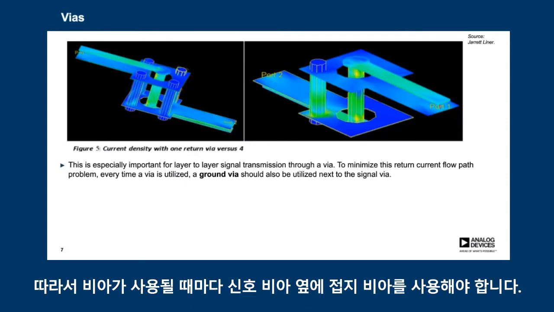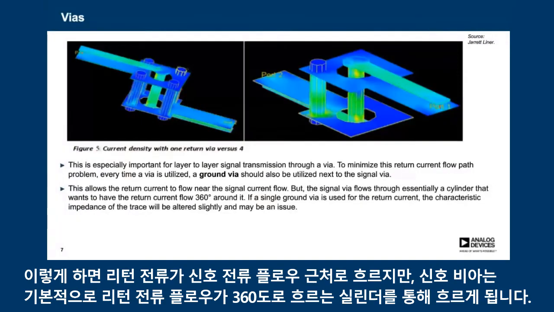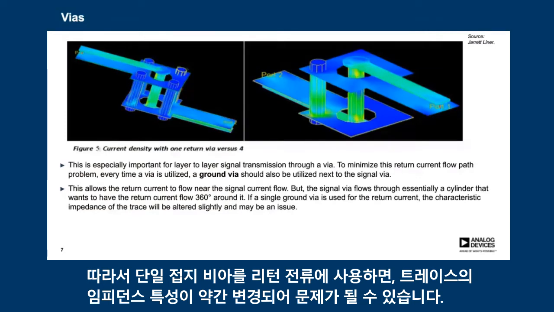So every time a via is utilized, a ground via should be utilized next to a signal via. This allows the current to flow near the signal current flow, but the signal via flows through essentially a cylinder that wants to have the return current flow 360 degrees around it. So if a single ground via is used for the return current, the characteristic impedance of the trace will be altered slightly and may be an issue.